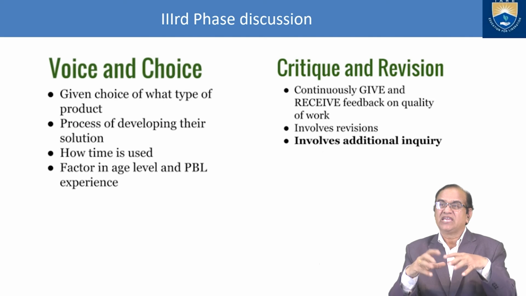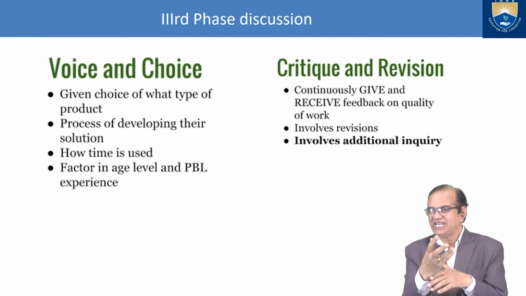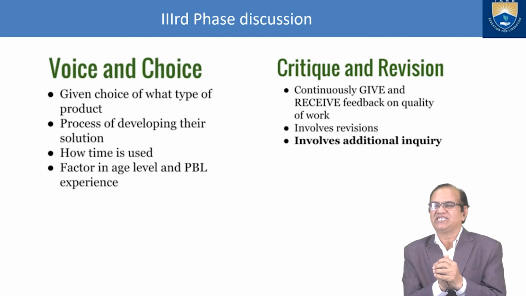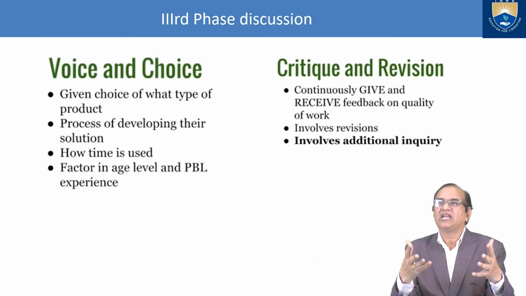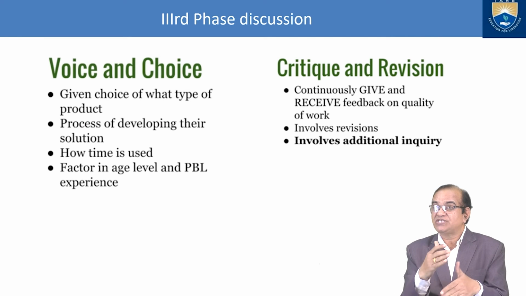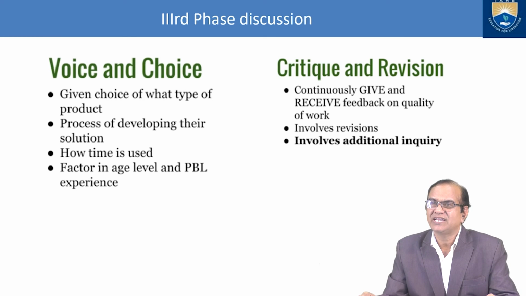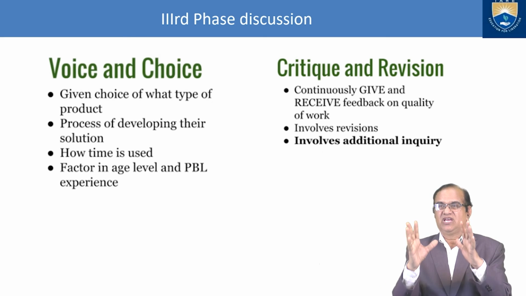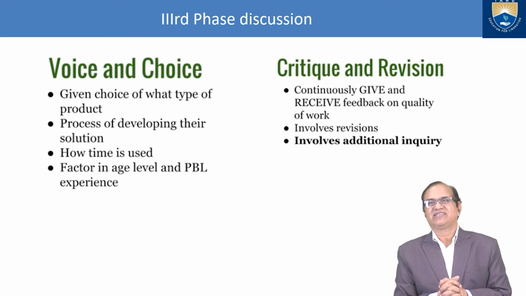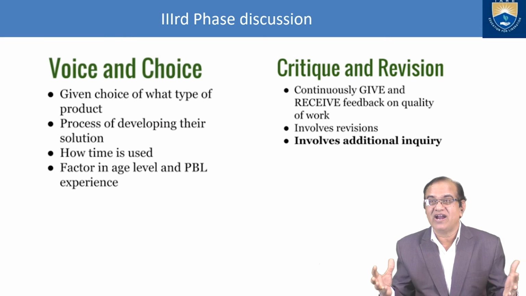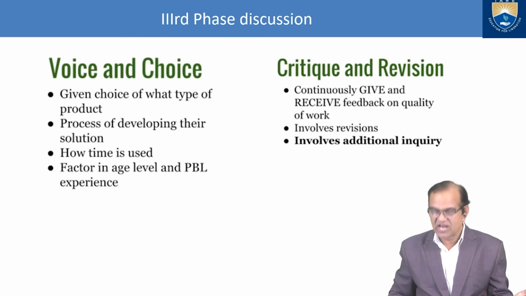If anyone is giving some critique on your product, try to listen to it, and then see whether it is a good critique which is really improving your product or not. So continuously give and receive feedback on quality of work, which involves revisions and additional inquiry. So make sure that if additional inquiry is required, you try to find it out.